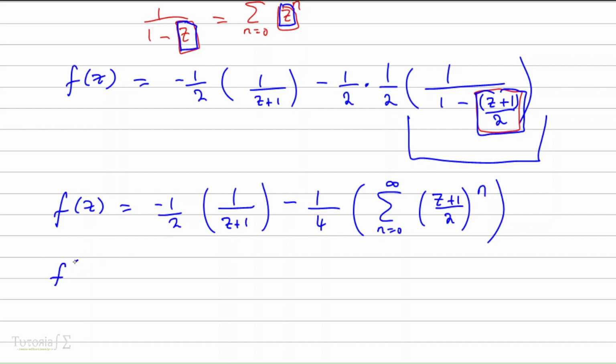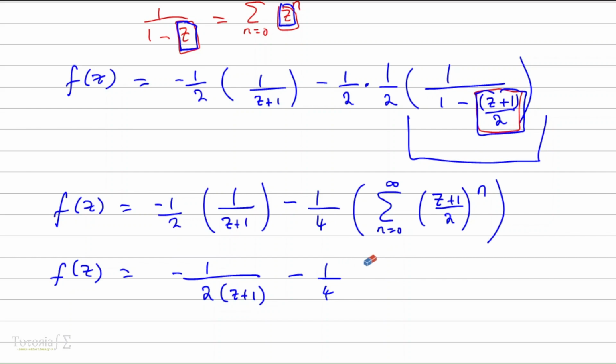Okay, and obviously you can simplify. You can write this as f of z equal to negative 1 over 2 z plus 1 minus, this can be written as 1 over 4.